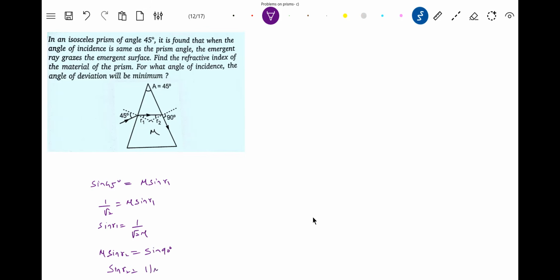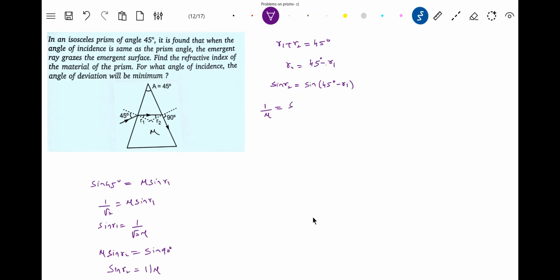Sine r2 is equal to 1 by mu. We know r1 plus r2 equals 45 degrees, so r2 equals 45 minus r1. Taking sine on both sides, sine r2 equals sine of (45 degrees minus r1). Sine r2 is 1 by mu.